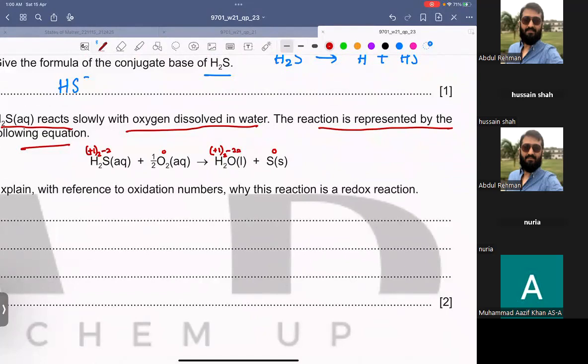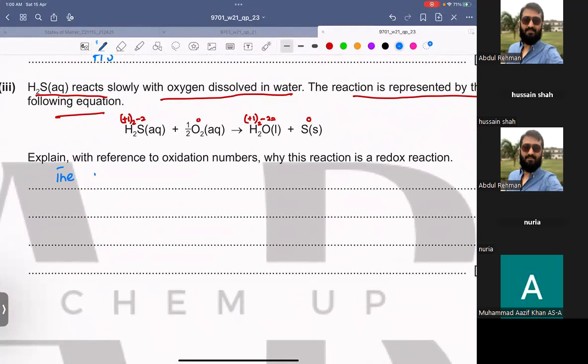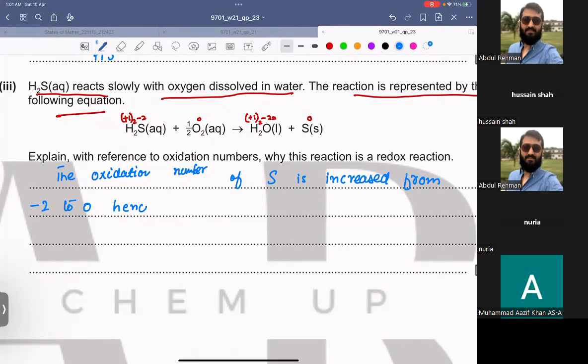So we can write that the oxidation number of sulfur is increased from -2 to 0. Hence oxidation.